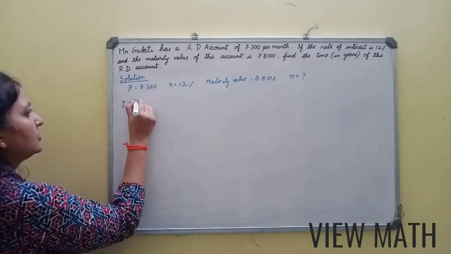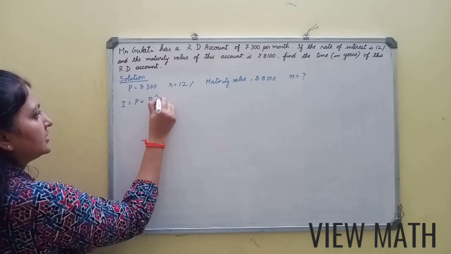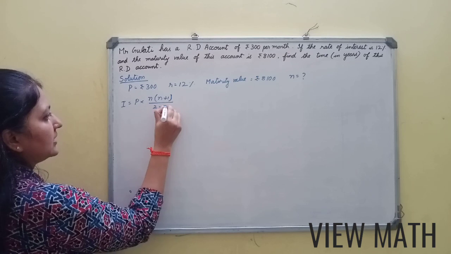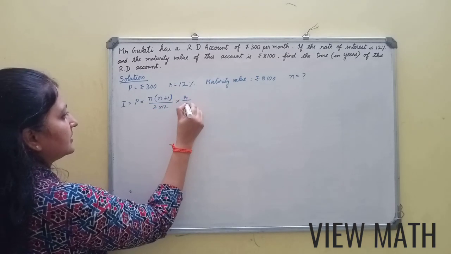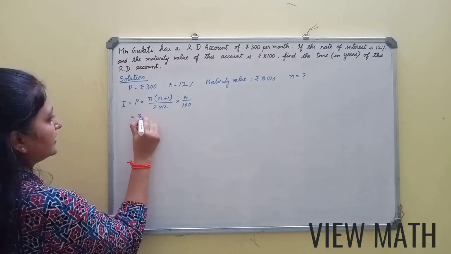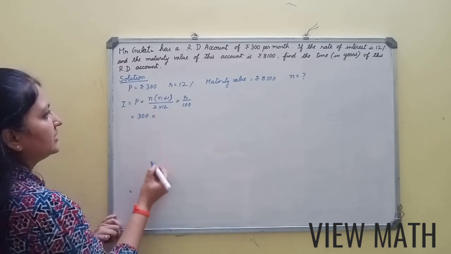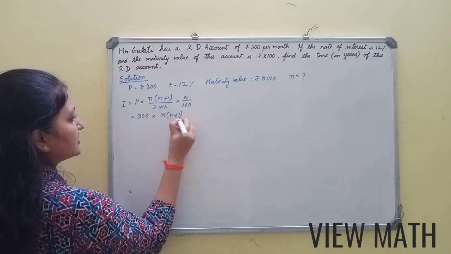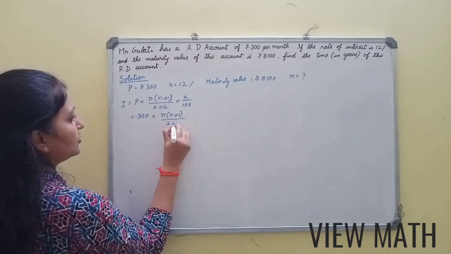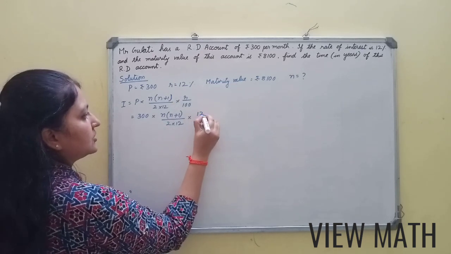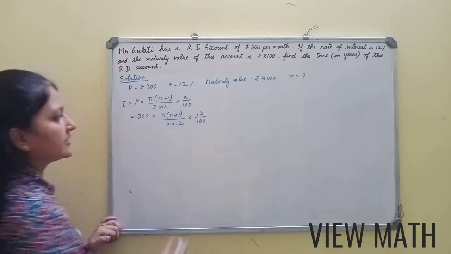I is equal to P into n into n plus 1 by 2 into 12 into R by 100. Let me substitute 300 for P. n they are asking us to find out, so let me keep n as it is. So 300 into n into n plus 1 divided by 2 into 12 into R, R is 12, 12 by 100.